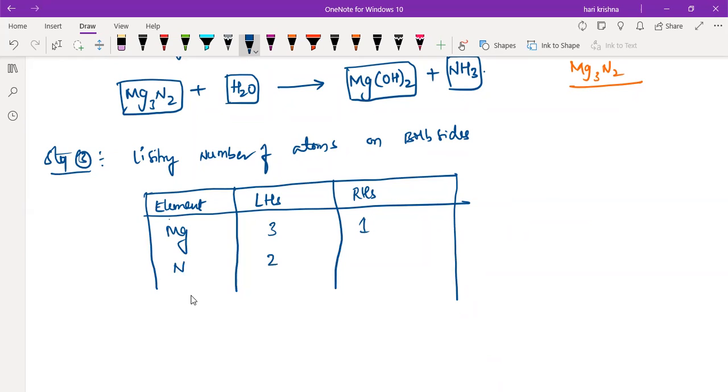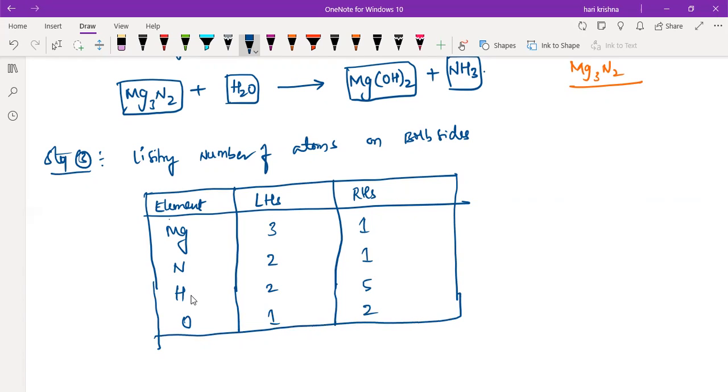LHS 2. RHS? 1. Next, hydrogen. LHS how many? 2. RHS? 5. Next, oxygen. LHS 1. RHS 2. Step number 4 is what?